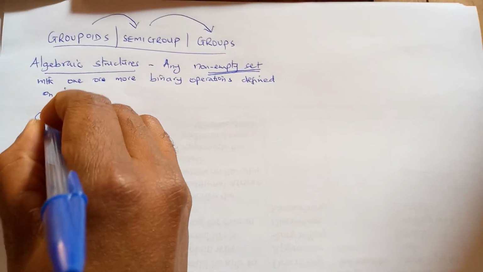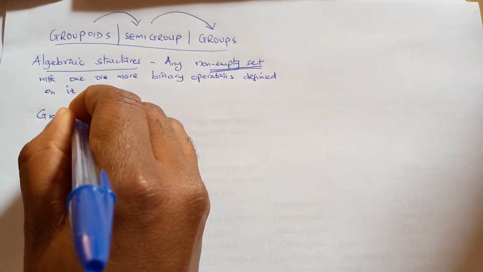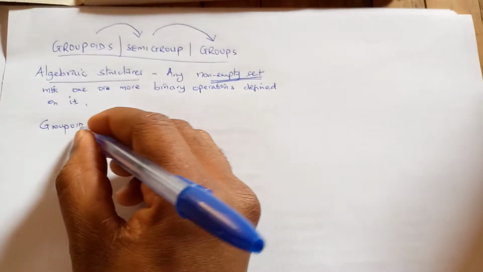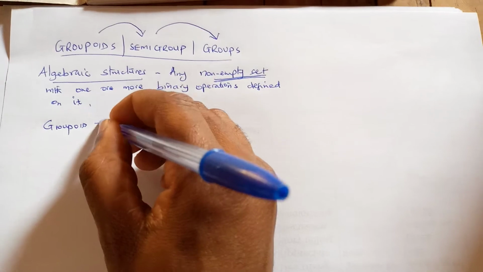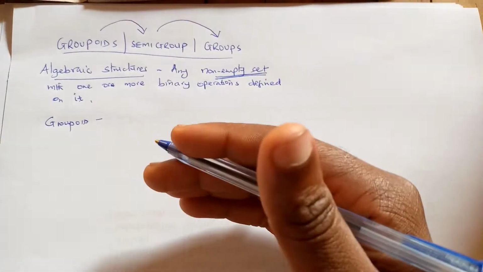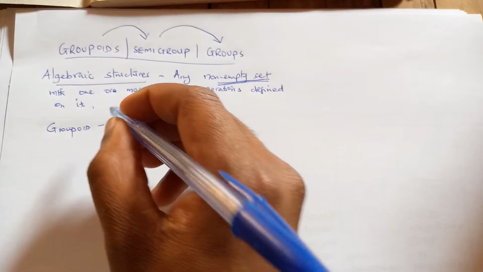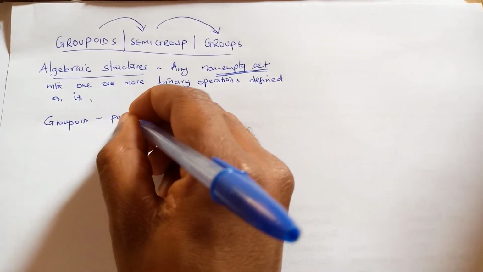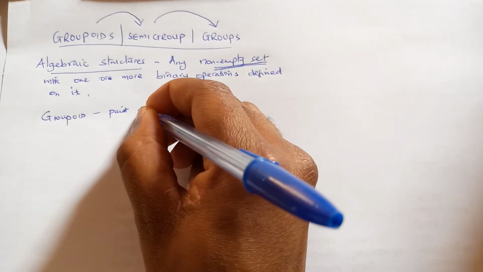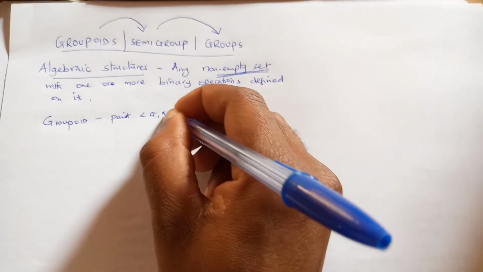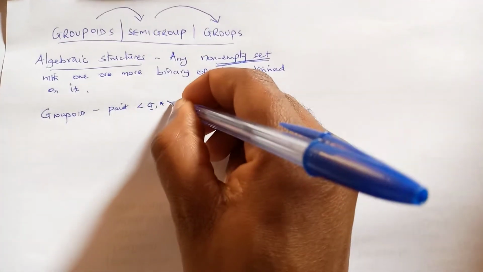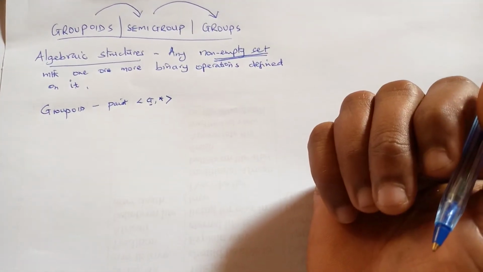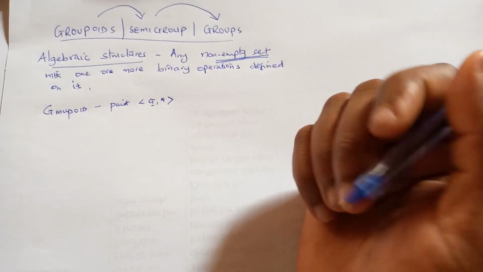So if we start with the groupoid, we are saying a groupoid is an algebraic structure. So it's defined on a given non-empty set. So we need to have a pair: a given set G which is non-empty, and a defined binary operation star.